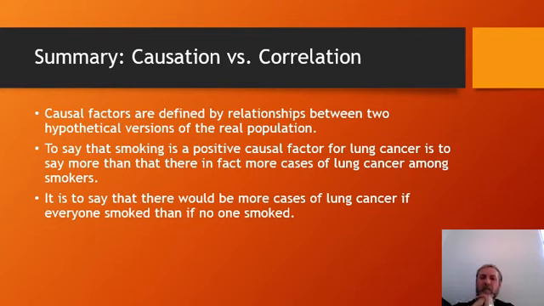Okay, so I hope that was helpful. Again, this is all the fundamental definitions, building up this rigorous account of what it means to be a causal variable, to have a causal relation between two variables.